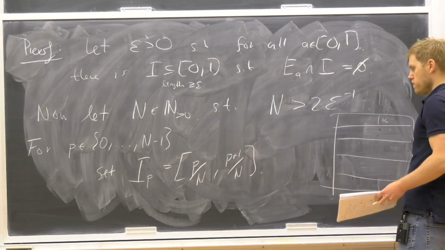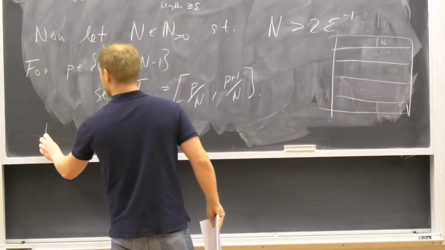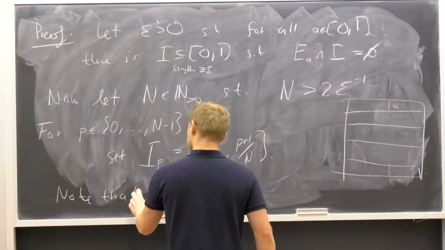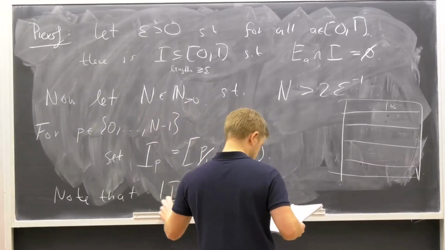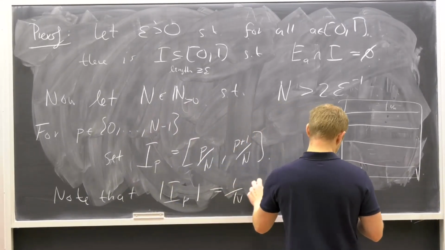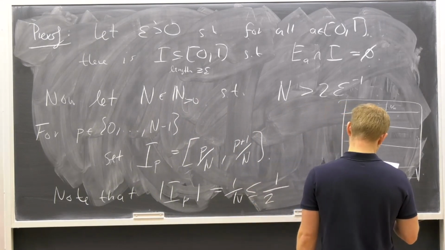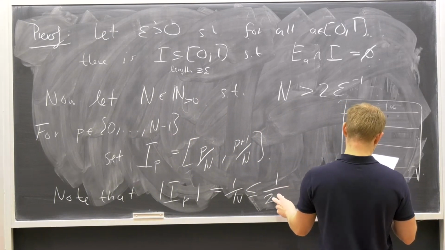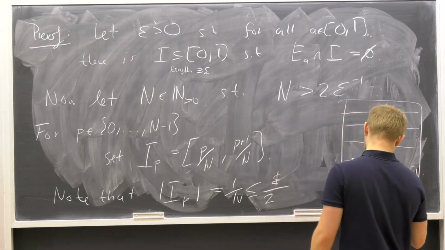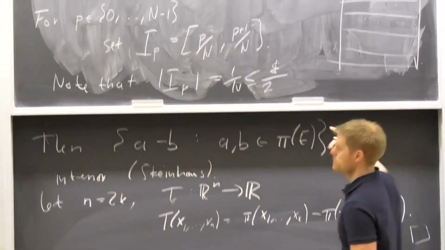And now note, of course, that the length of this I_p is 1 over n, so it's smaller or equal to 1 over 2 epsilon should go here. Right. Let me delete this and I finish this proof.